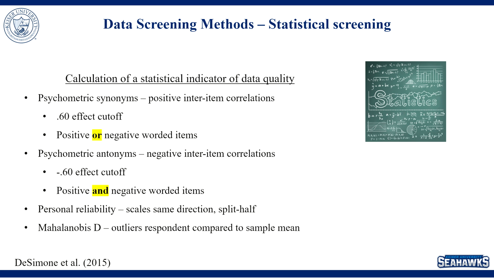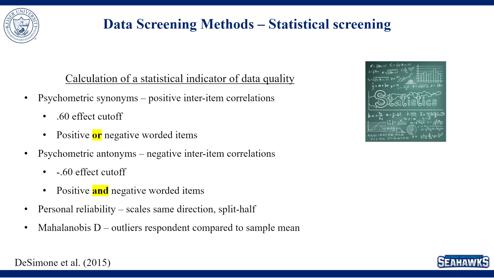When you analyze those using a correlation analysis on each participant, those should achieve about a 0.60 effect size cutoff, where higher than that, they should be correlated. They could all be positive in one direction or negative in the other, but they should correlate together.